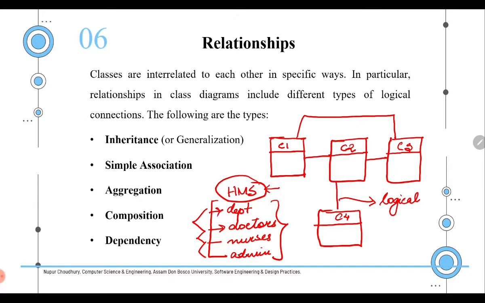Now, this connection cannot be any physical connection between these 4 stakeholders or 4 classes which form the structure. They should be strictly logical. In particular, the relationships in class diagrams include different types of logical connections, and they are represented using inheritance, simple association, aggregation, composition, and dependency.